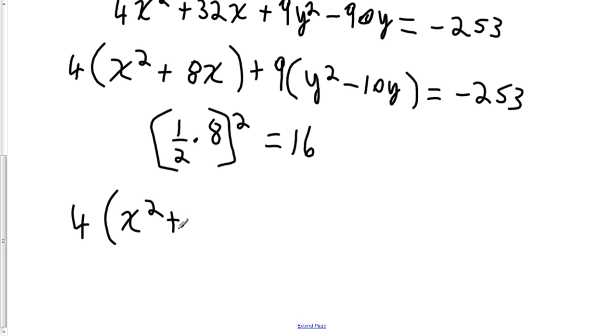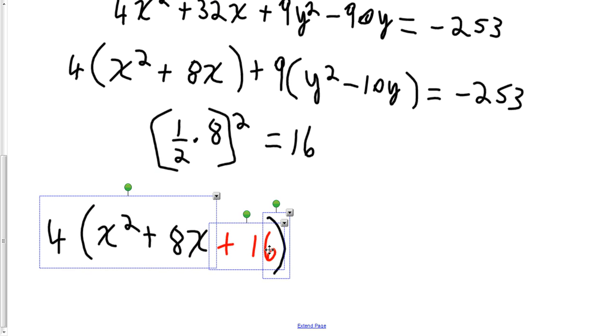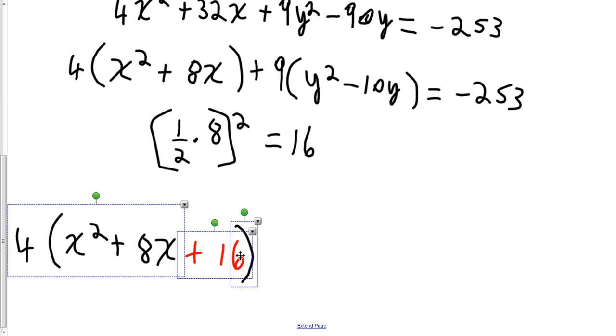But not actually, because I'm adding it inside of a parenthesis with the 8x. So when I add this 16 in, this magic number, I'm not actually adding in just that 16. I'm actually adding in 16 times the 4 that's in front of the parenthesis. Because that 16 is inside a parenthesis, what you're actually adding globally is the 16 times whatever is in front of that parenthesis.